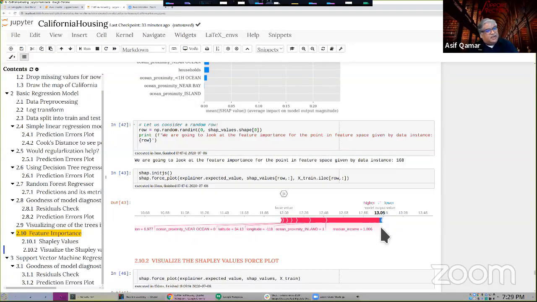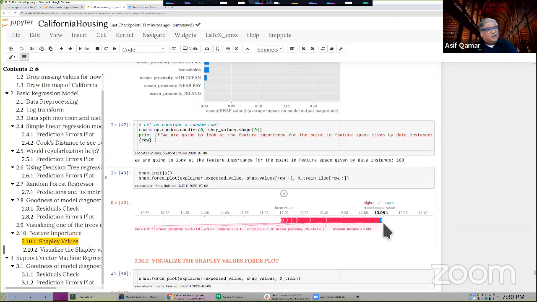So at this point, which is a random point we took in the data, it says that the factor that is most influential in decreasing the house value is the age of the house. The older the house is, the less it will sell for. I hope it agrees with common sense.